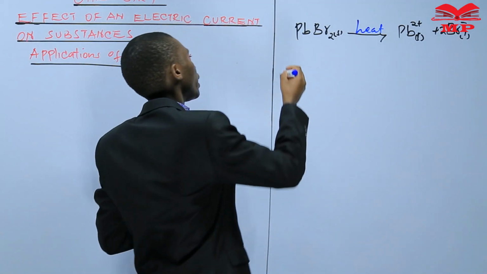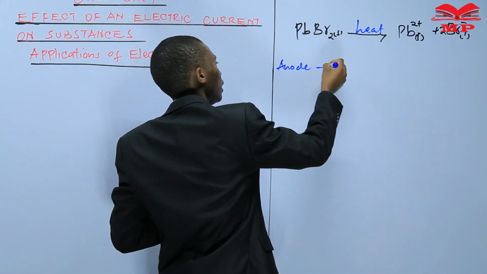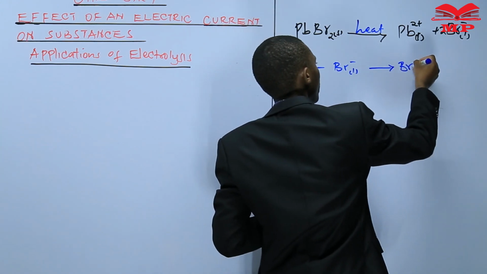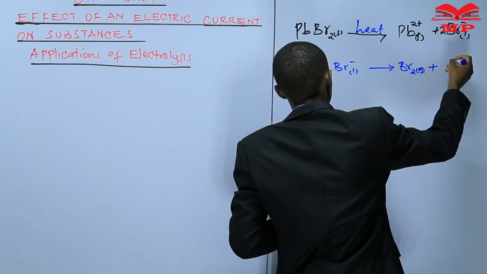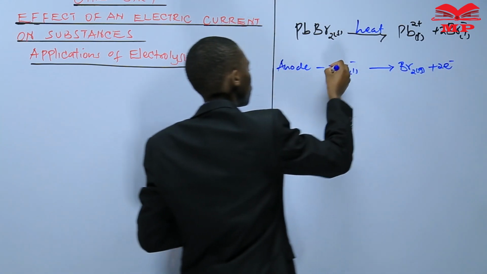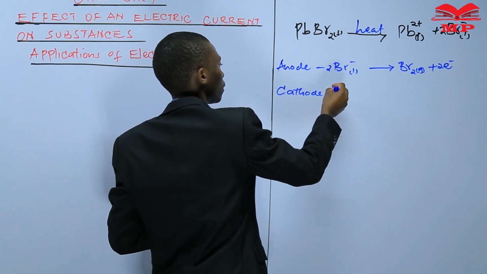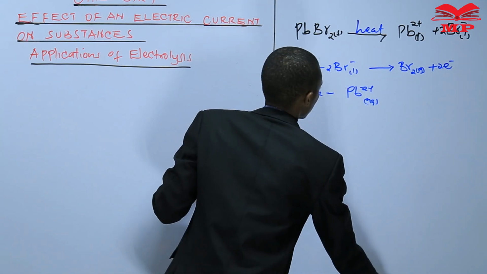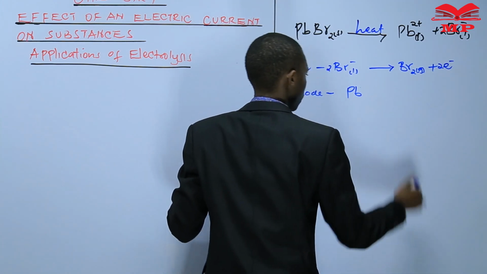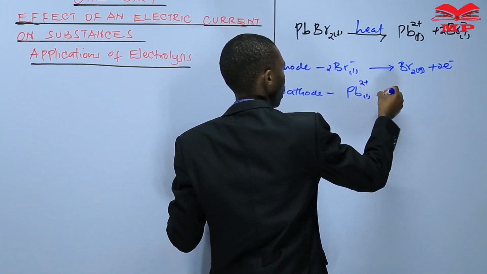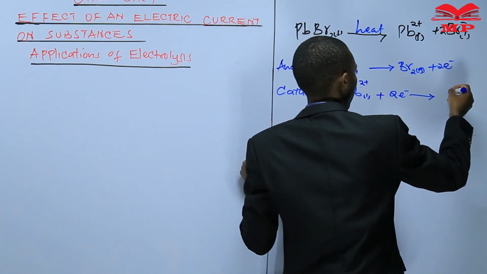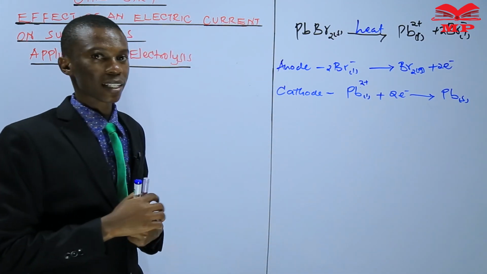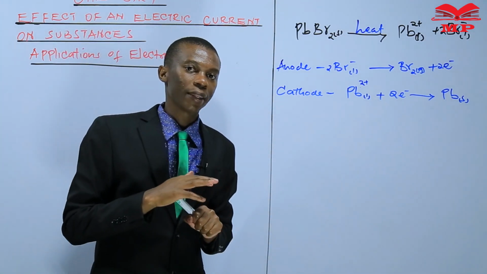And therefore, the equations at the anode, we said bromide ions will lose electrons, and bromine gas is going to be produced at the anode. And at the cathode, lead ions are gaining electrons, and lead metal is deposited at the cathode.